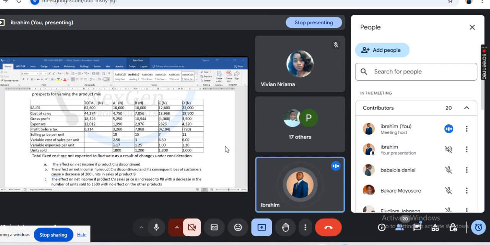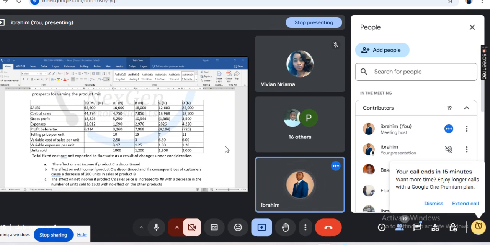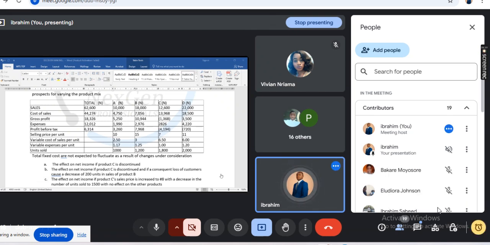And we're given the selling price per unit, variable cost per unit, and variable expenses per unit. This tells you that you need to calculate contribution here. You will not base your decision on the profit. You base it on contribution. That is why we have to come back to that.